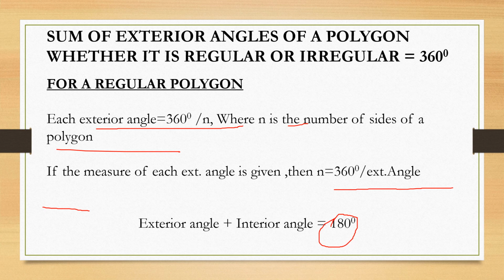Children, another interesting relation that we have done already in previous classes: exterior angle plus adjacent interior angle is equal to 180 degree. So if you have the measure of exterior angle, you can easily find out the measure of interior angle by subtracting it from 180 degree. And as I have said, each interior angle will measure the same, so that will be the measure of each interior angle.